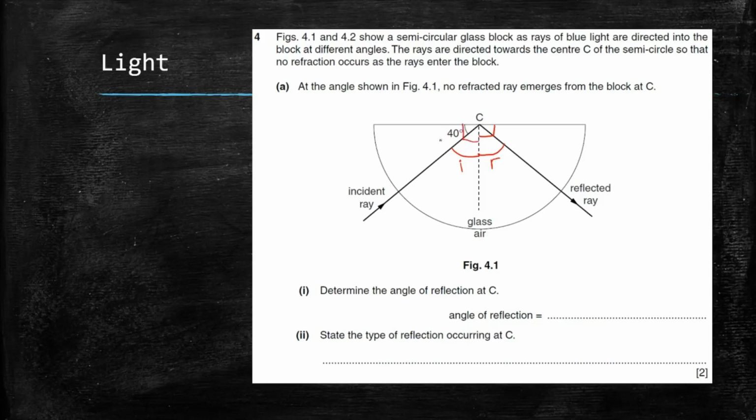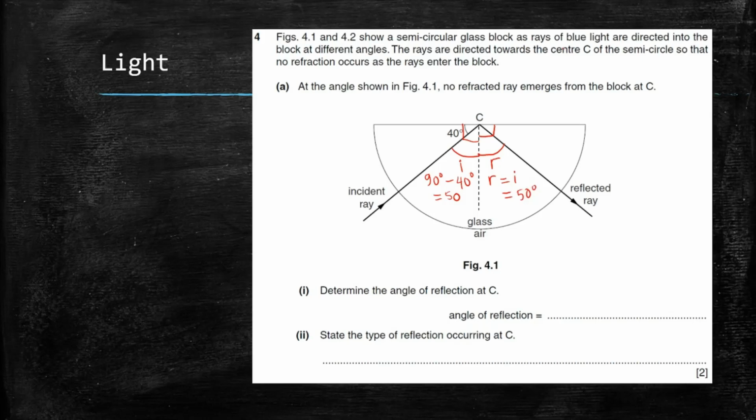So if that angle equals 40 degrees, then the angle of incidence, or I, equals 90 degrees minus 40 degrees. This equals 50 degrees. Remember, the angle of reflection, or R, always equals the angle of incidence, I. So in this case, I equals 50, then R also equals 50 degrees.